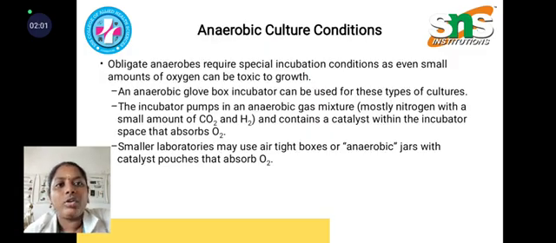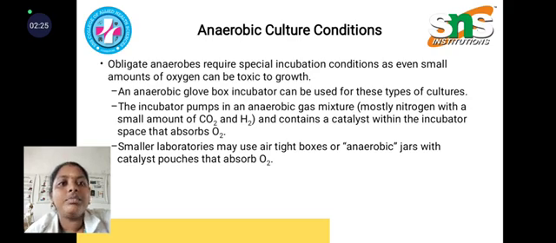Coming to the anaerobic culture conditions, the obligate anaerobes require special incubation conditions. Even a small amount of oxygen can be toxic to the growth of that microorganism. For this, an anaerobic glove box incubator can be used for these types of anaerobic cultures.